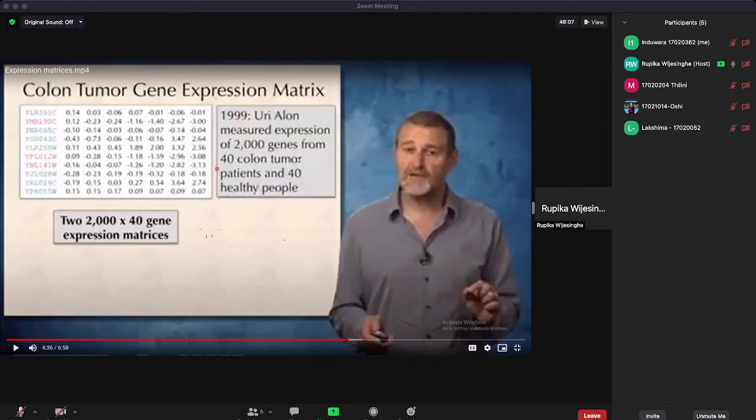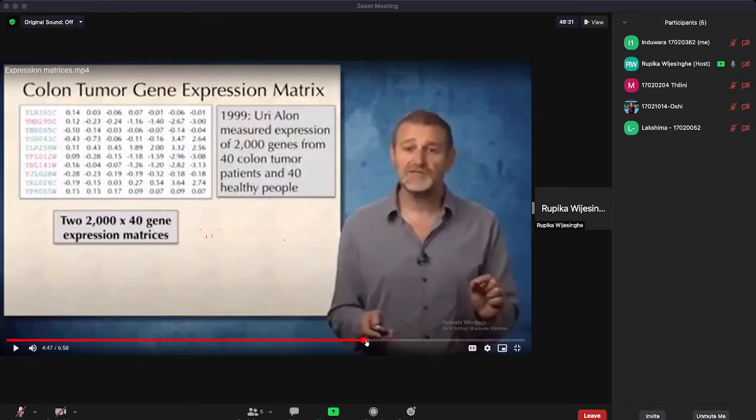Or actually you can combine the two, because the rows, the genes, are the same, and they have taken the same number of samples: healthy 40 and cancer patients 40. Okay, let's move on and see what else.